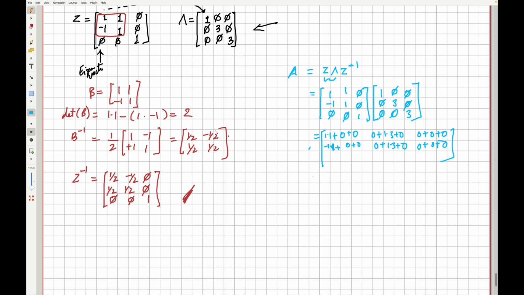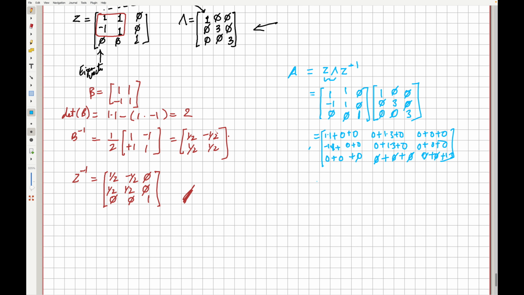And then we get 0 plus 0, because this times 0 is 0, 0 times 0 is 0, 1 times 0 is also 0. And likewise we get 0 plus 0 plus 0 again, and then finally we have 0 plus 0 plus 1 times 3.